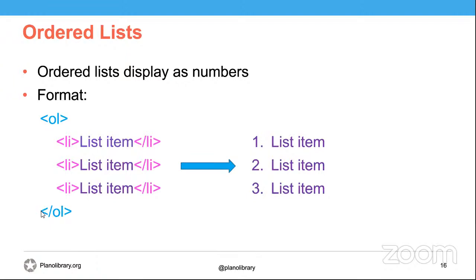Just like we saw with unordered lists, you need to specify each individual list item within your list by using the list item opening and closing tag. Again, here's an example of the format when you're creating an ordered list. So this is the input, and then this is what the output looks like on the left. So you have that numbered list.